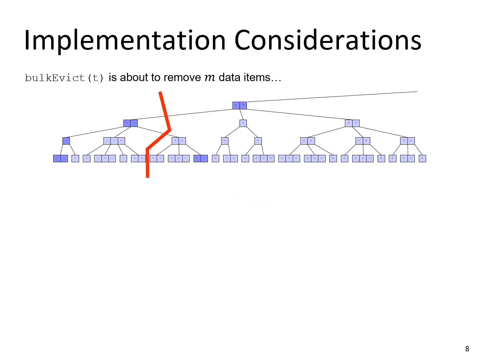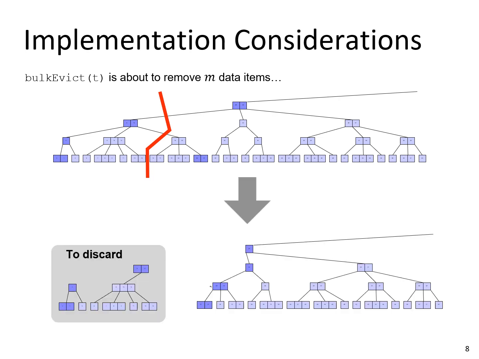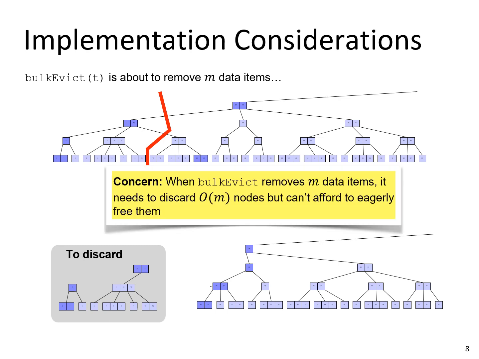Now there's one implementation consideration that is very important, because if we don't pay attention to it, then it could derail the entire algorithmic complexity of our approach, which is when bulk evict is about to remove m data items, then that implies that it actually removes order of m nodes from the tree, and eagerly freeing those nodes, eagerly reclaiming the memory for those nodes, would spoil the algorithmic complexity because it would take time O of m, but we want time O of log m.